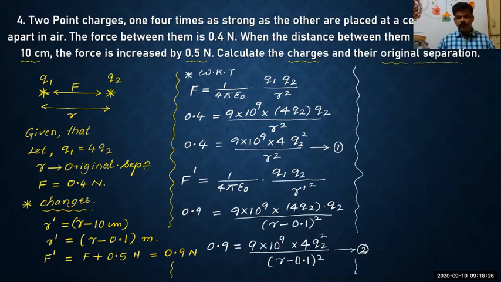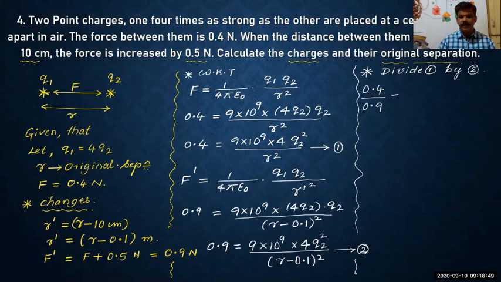Any problem? Any doubt? Yes. Now you go for the important step, that is, divide 1 by 2. A very important step. See, what is there in 1? LHS of 1, it is 0.4 divided by 0.9 here in the second equation. Now consider the RHS of the first equation in the numerator.